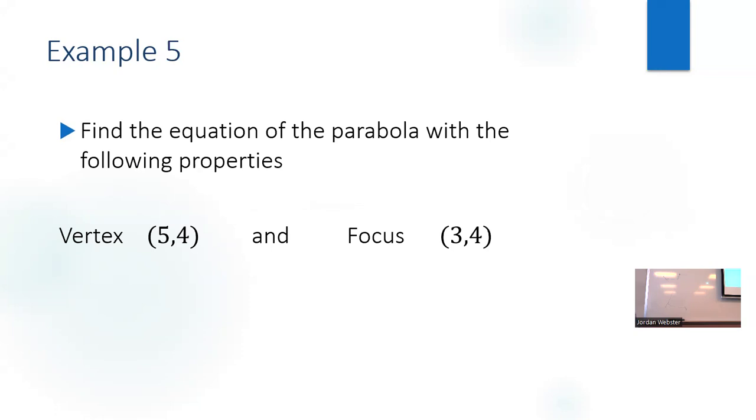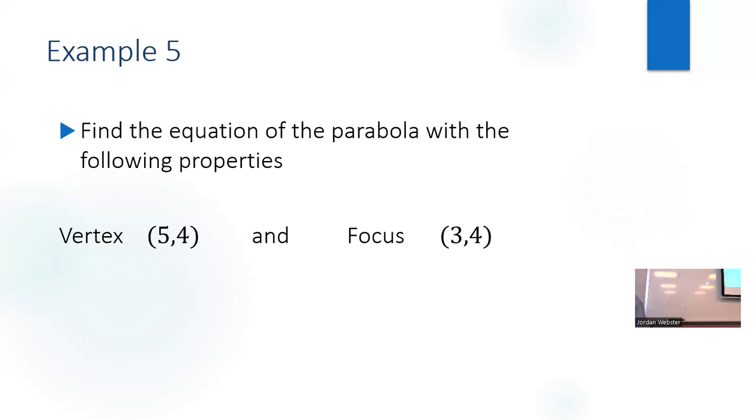And then once things are in standard form, I figure out the properties of the parabola. Remember, the other type of question that's going to be asked is if I give you some properties, let's find the equation of the parabola. And that's this example, example 5. Find the equation of the parabola with the following properties.